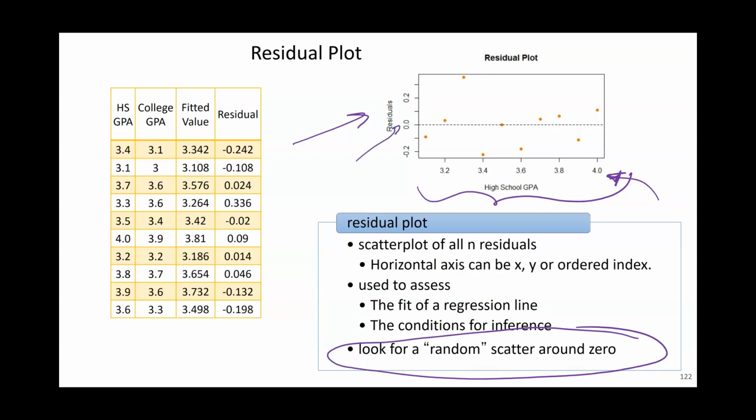So they should be centered around 0, and you should have roughly even, no obvious pattern scatter. There is an outlier out here, but that's that student we pointed out earlier. They had a 3.3 in high school, and they had a 3.6 in college, so it was a bit higher than the line predicted. So remember, this is x, this is y, this is y hat, and this is y minus y hat.